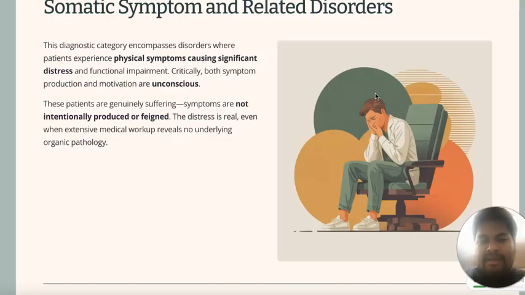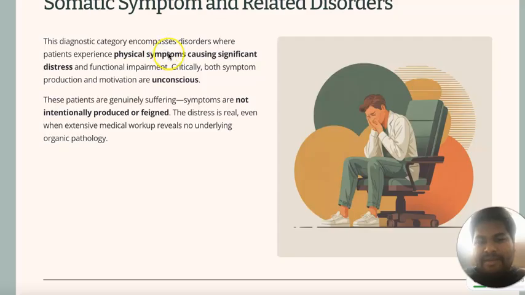Okay, and these are physical symptoms causing significant distress, and the person will be really in distress, and the distress is either the cause or the effect of the somatic symptoms. And the people did not intentionally plan, like malingering, so the motivation is unconscious.